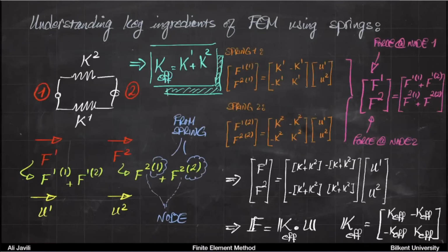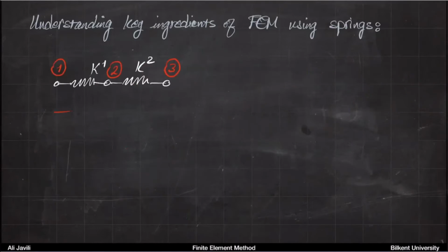Okay, now the same thing as we had before. At each node, you have forces, you have displacements. Now here I have force F1, force F2, force F3. And these are, by the way, external forces at nodes.